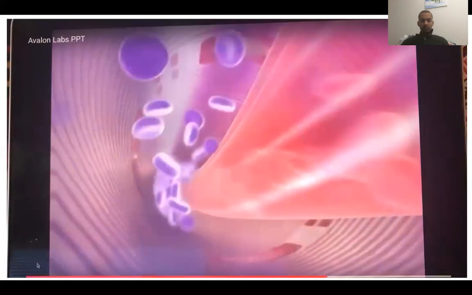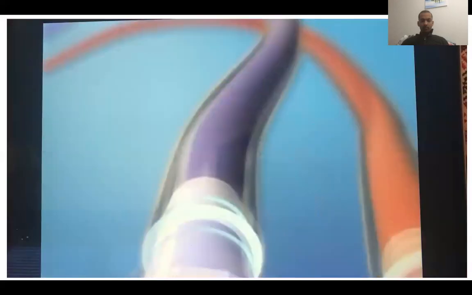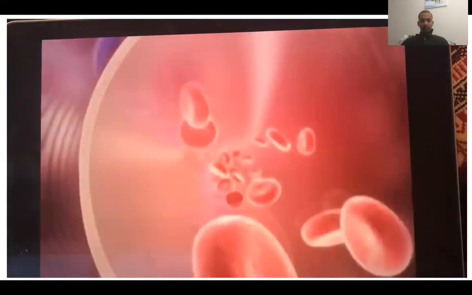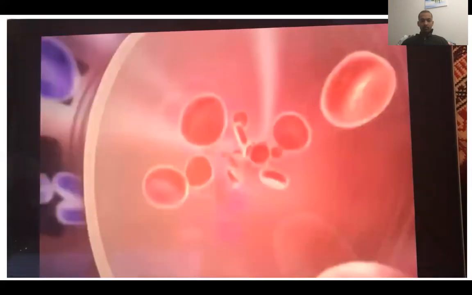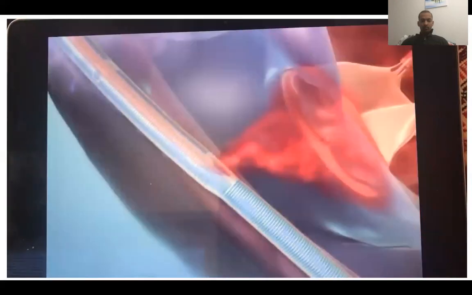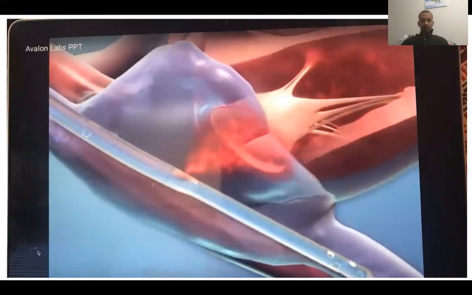The bicaval DLC simultaneously balances the removal of deoxygenated blue blood and the return of oxygenated red blood to minimize recirculation. This superbly engineered cannula is a major advancement in the practice of extracorporeal life support therapy.